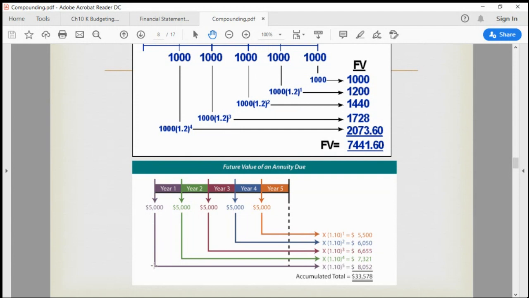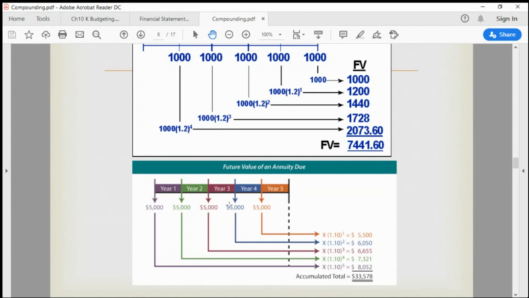Deposit and payment can be called interchangeably because they are eventually the same thing. You just turn the table around. Anyway, the first $5,000 deposit earns 10% interest, 5 times compounded. Look, this deposit earns interest once, twice, 3, 4, 5 times, right?